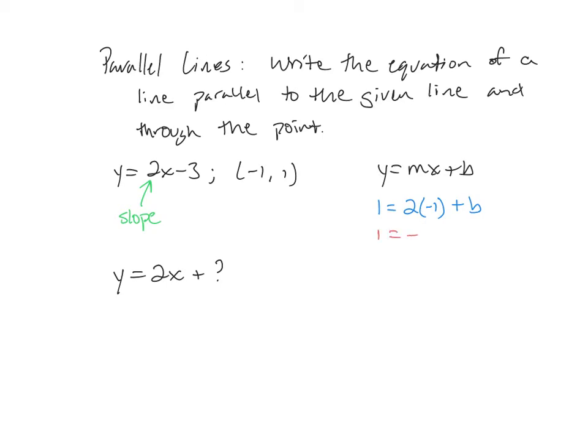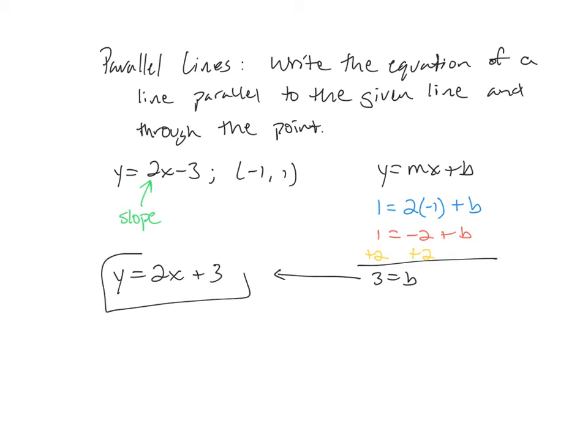So then it's just a matter of 2 times negative 1 is negative 2. Add 2 to both sides. And the b part is 3. So over here, and there's the line that's parallel.